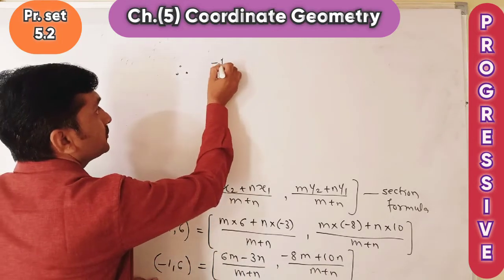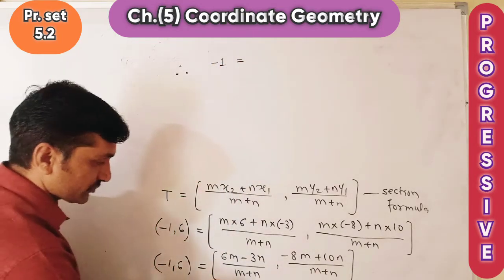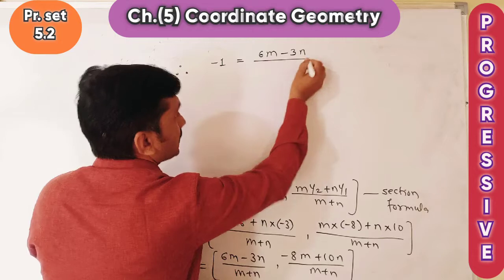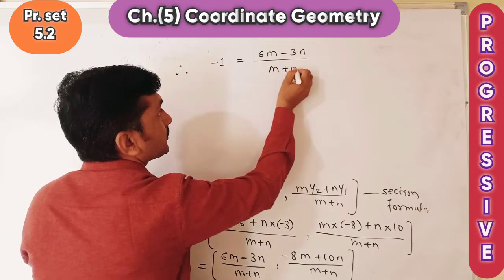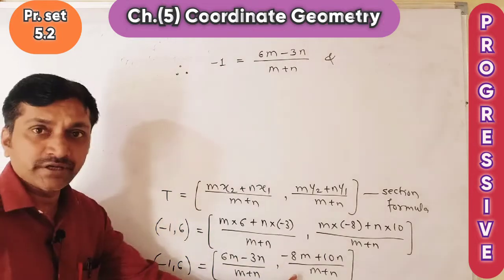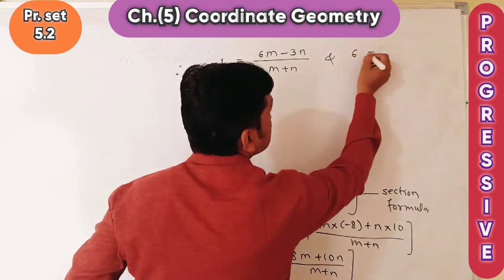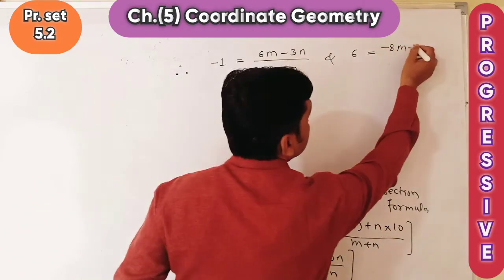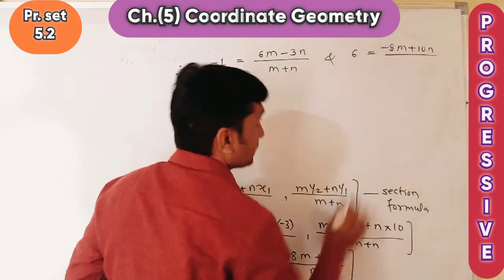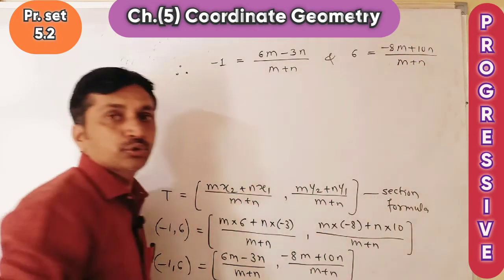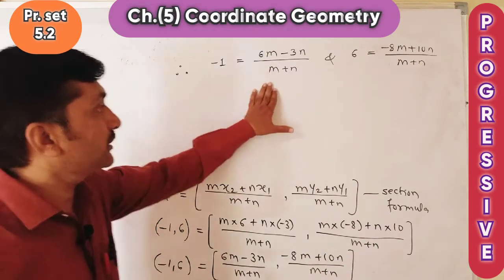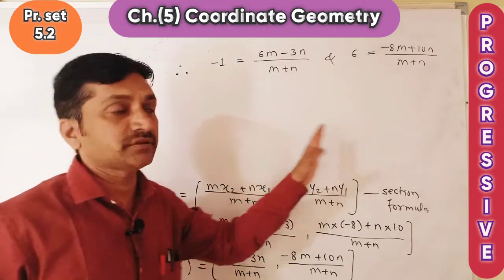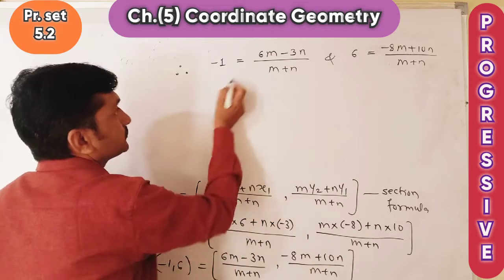Now I write: -1 is equal to the first coordinate, (6m - 3n)/(m + n), and the second, 6 is equal to the second coordinate, (-8m + 10n)/(m + n). To find the ratio you solve any one, because if you solve both you will get the same answer. Therefore there is no need to solve both.